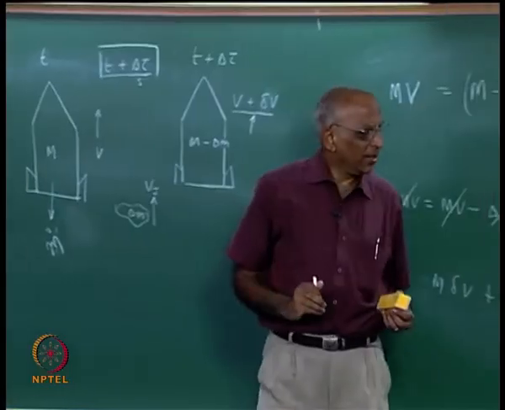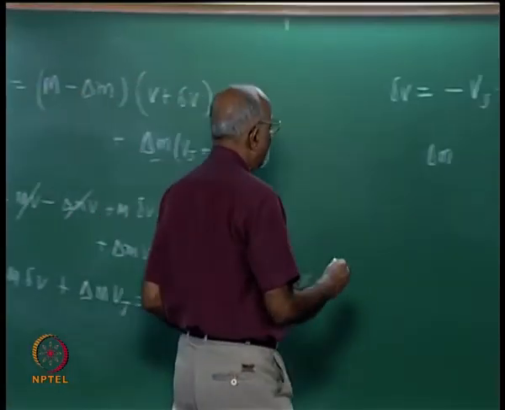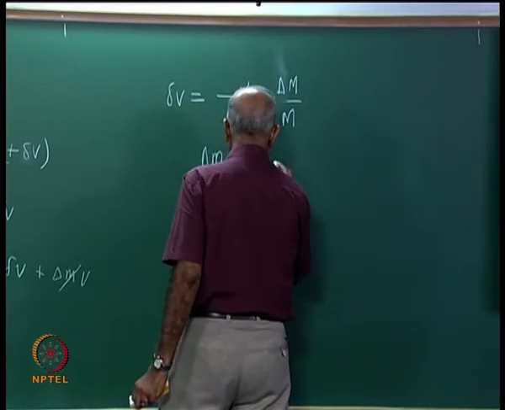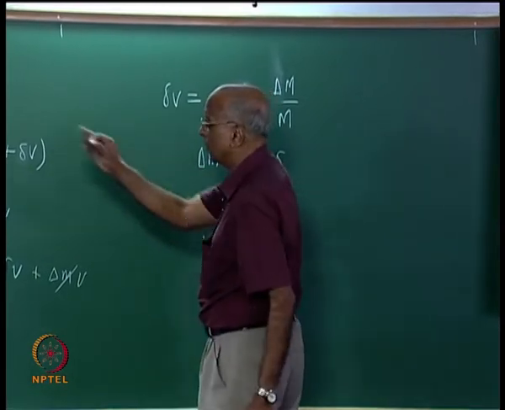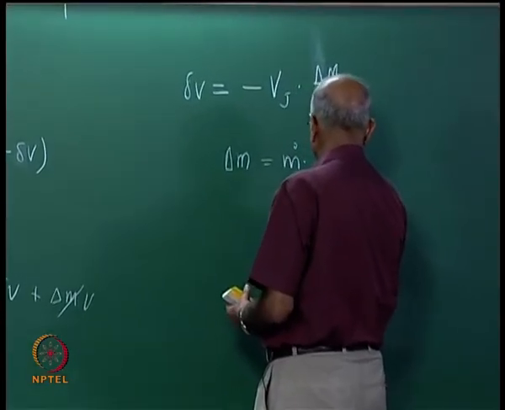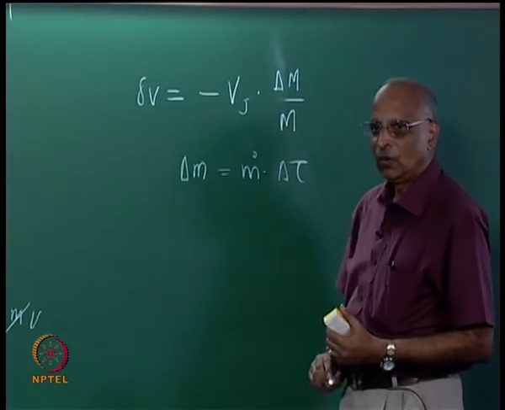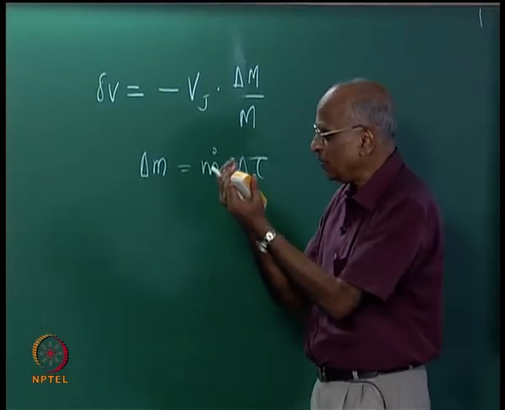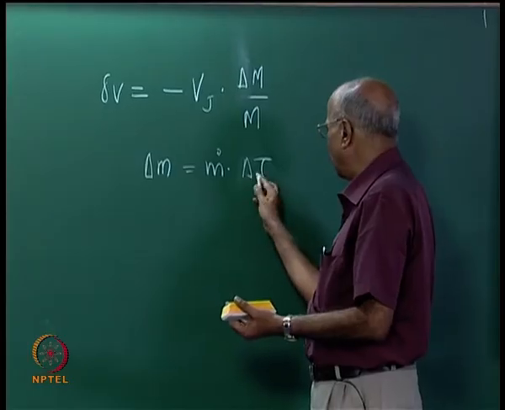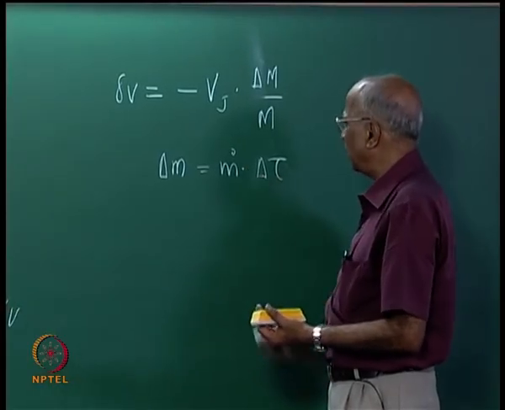Therefore, the value of delta M should be equal to m dot into the small time, delta tau. The rate at which mass is leaving the nozzle is m dot, over a small time delta tau, it is equal to m dot delta tau.